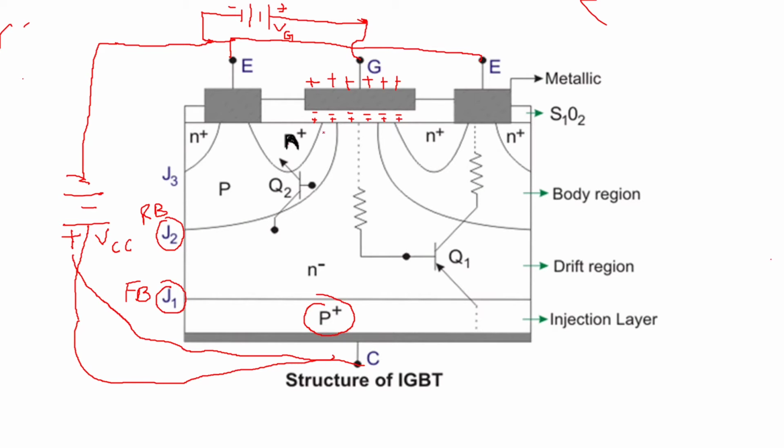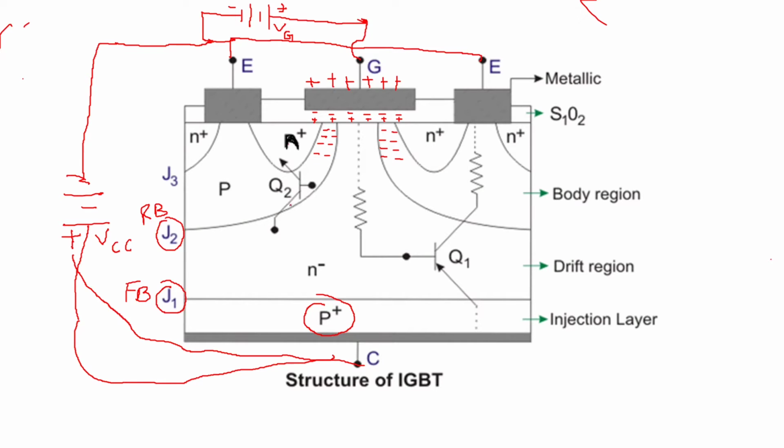Because of this, negative charges will be induced in this P region. These negative charges will form a channel between the collector and the emitter.